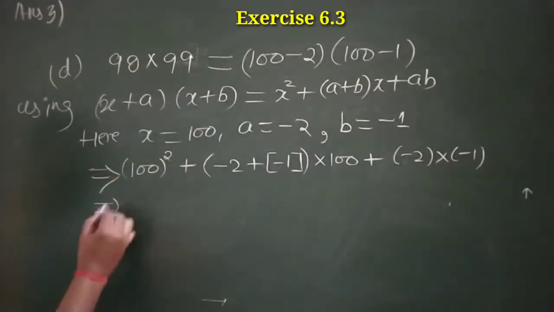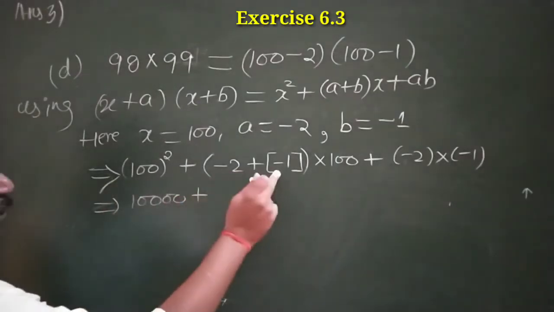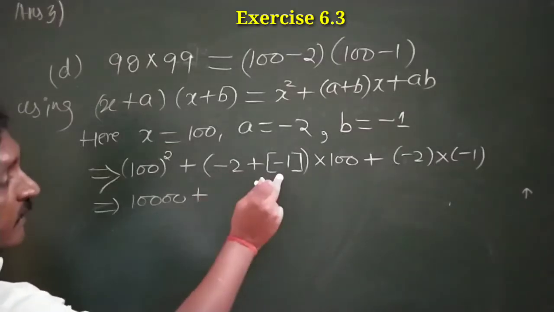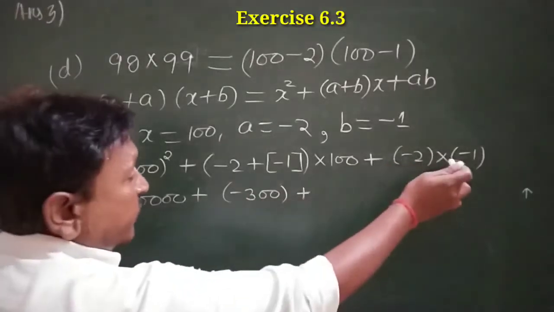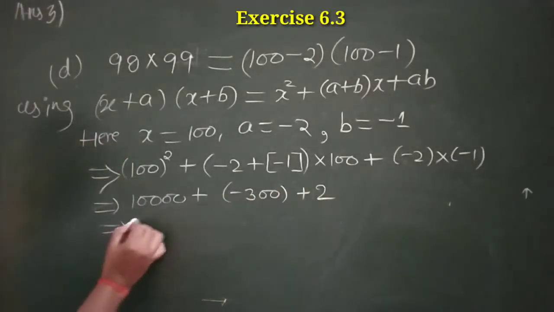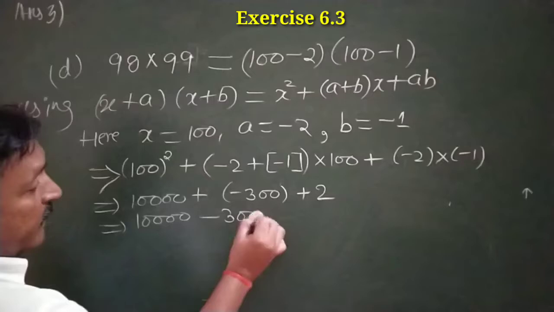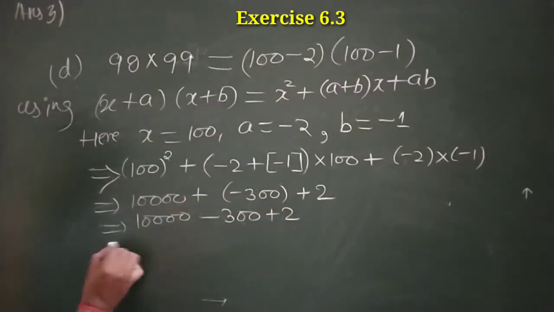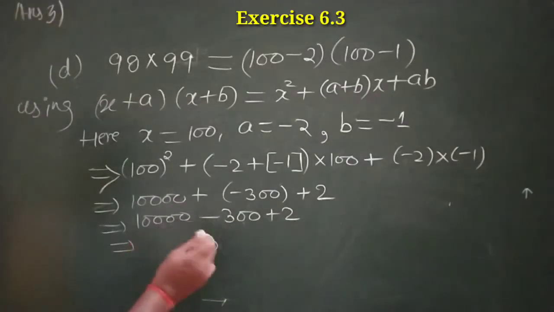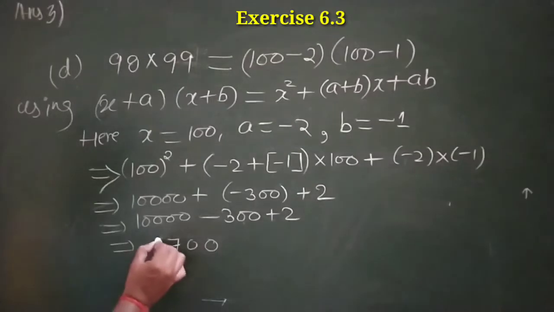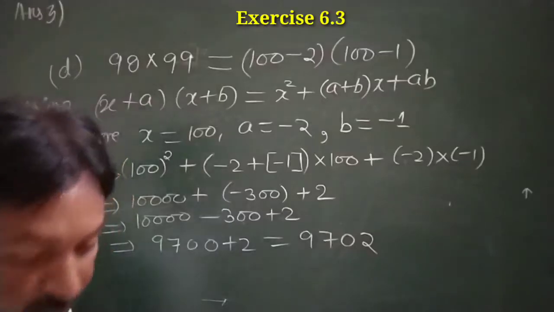So it will become 10000 plus minus 3 into 100, which is minus 300, plus 2, since minus into minus is plus. So 10000 minus 300 plus 2. Subtracting 300 from 10000, we get 9700, plus 2, so 9702 is our needed answer.